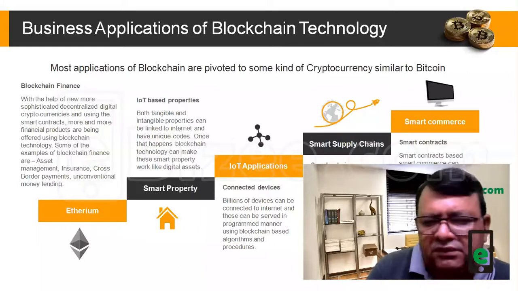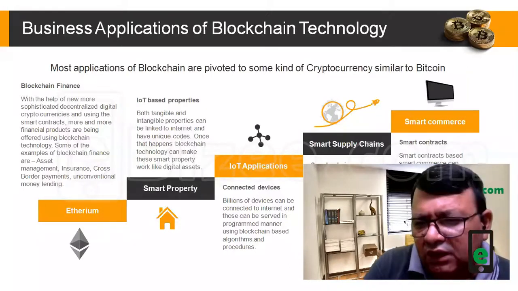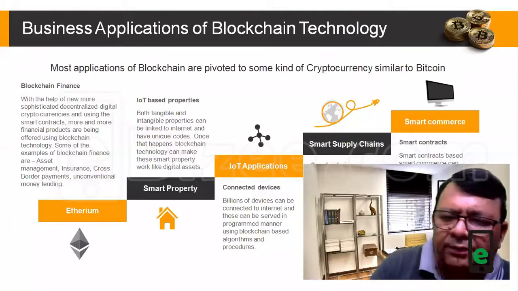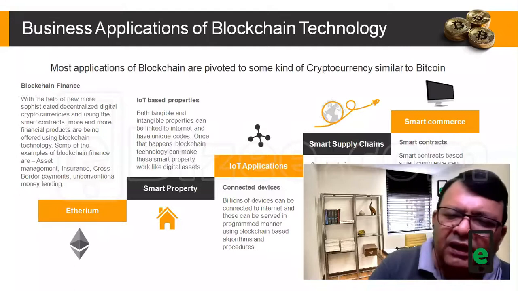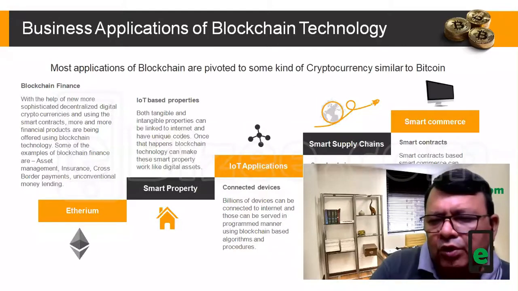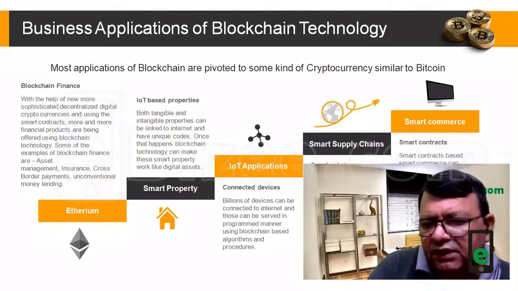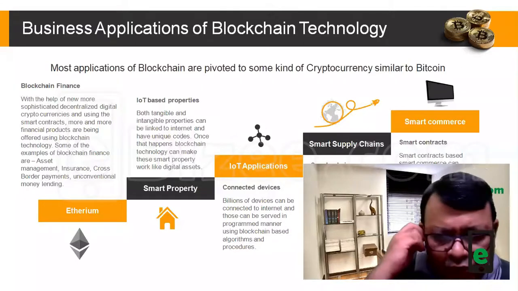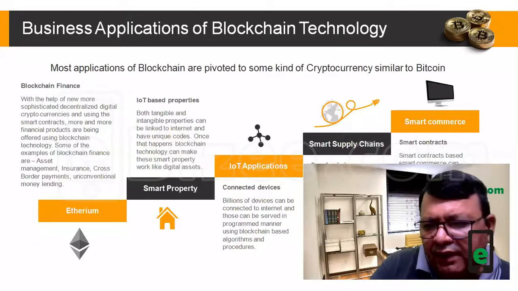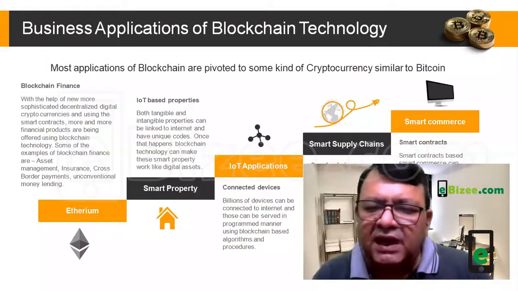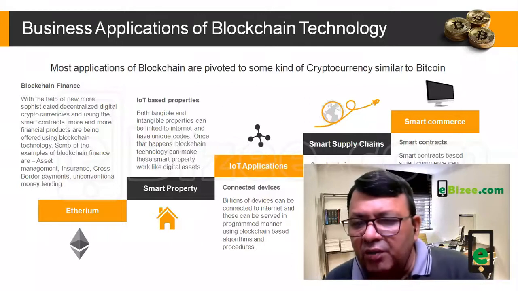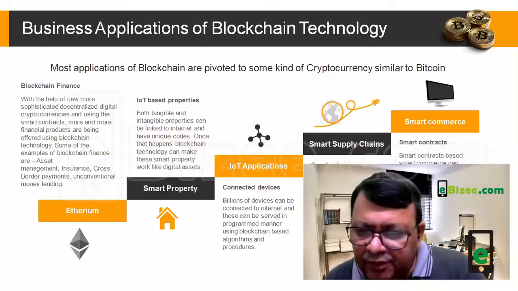For example, Ethereum, which is another very popular cryptocurrency, is primarily based on and hovers around smart contracts, which have a lot of applications, and an ecosystem has been created where many applications can be developed, which are called DApps.